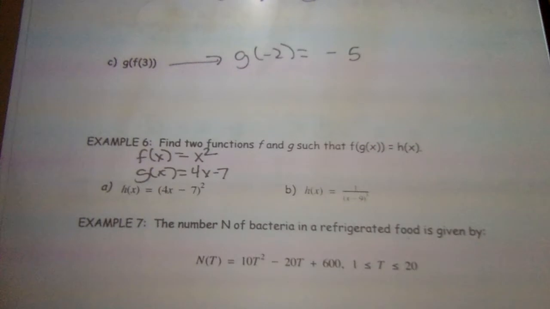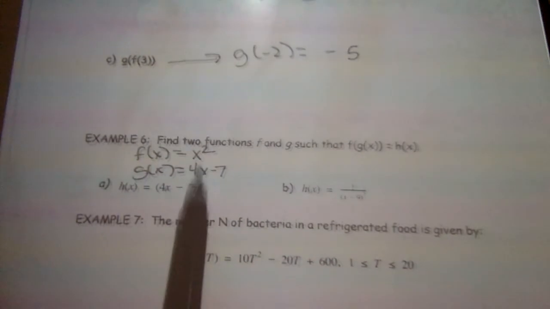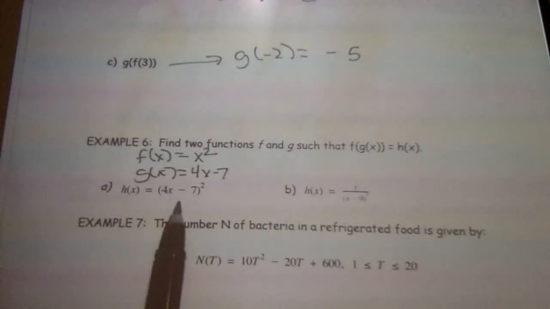Does that make sense? Can you take this 4x, put it into f, do you get this? You do. What about this one?